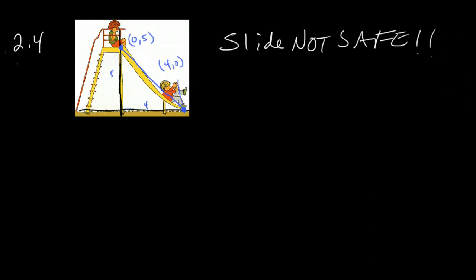I mean, we could do the calculation. We could say that this is x1, y1, and that this down here would be x2, y2, and so the calculation would be y2 minus y1 over x2 minus x1.